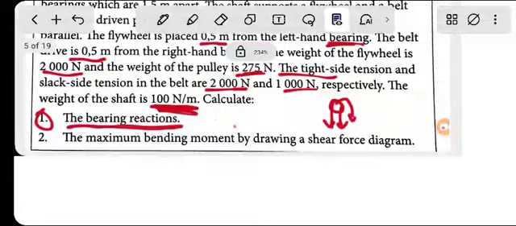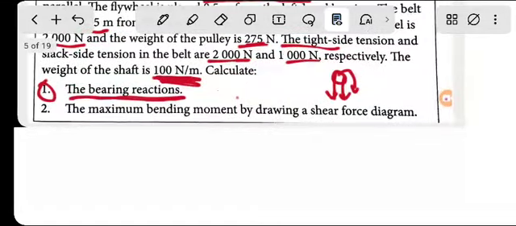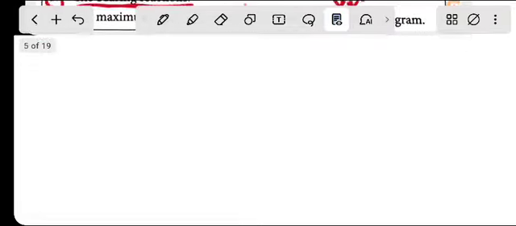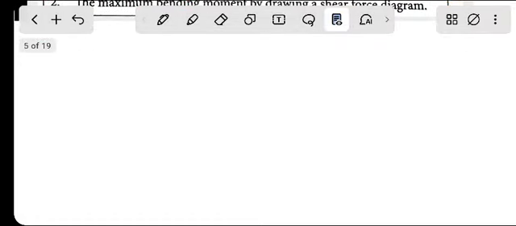Okay, we see they want the bearing reactions, guys. So let us sketch our beam. Maybe you might understand if we try and sketch the beam. Right here is this beam, guys.